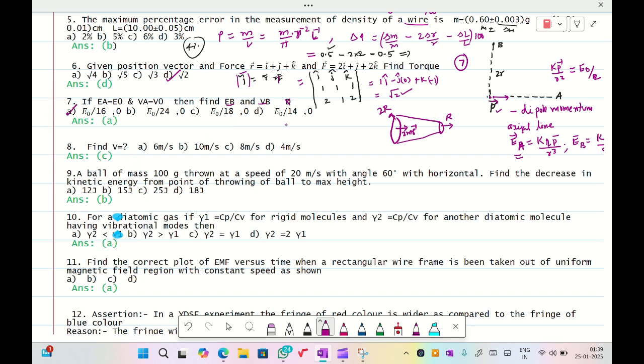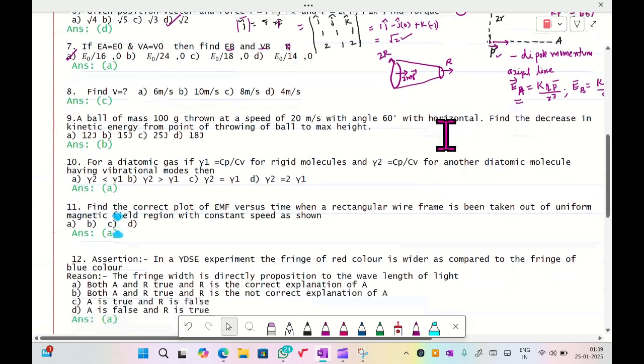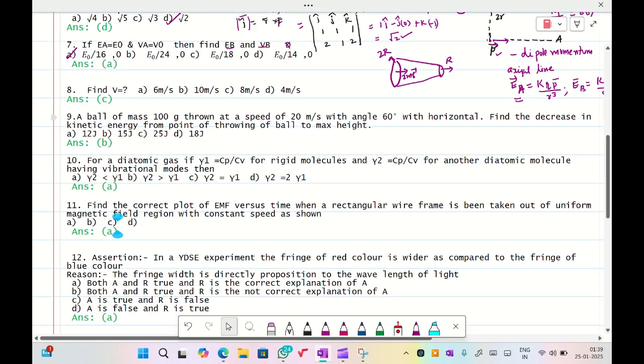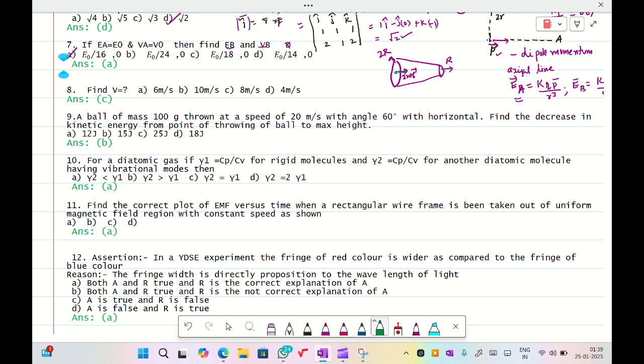Now find the V from the diagram. Actually these are very easy questions, so I am completing them here itself, direct to formulas. Here the fluid is flowing like this, consider a fluid with radius R and 2R. According to the equation of continuity, A1 V1 equal to A2 V2.